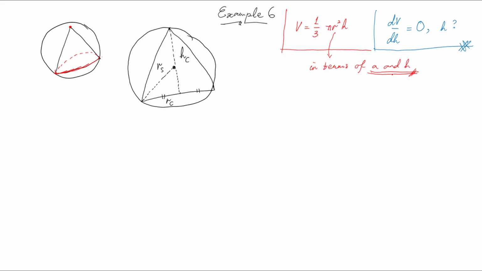Show that V is equal to 1 over 3, there's an a, there's an h over there with a lot of parentheses. So this is the volume of the cone. Don't stray away from this one. Everything over here is the cone. Meaning, how can we relate this r_c with this a?